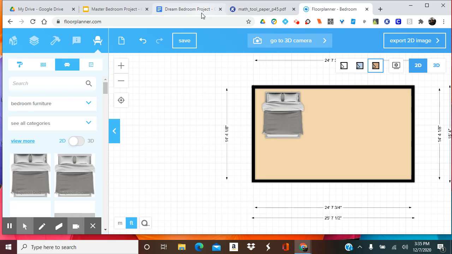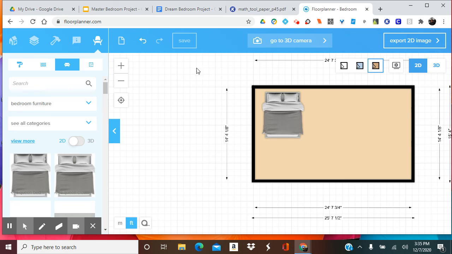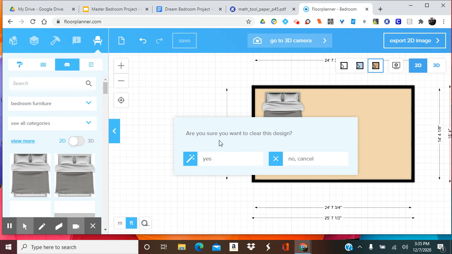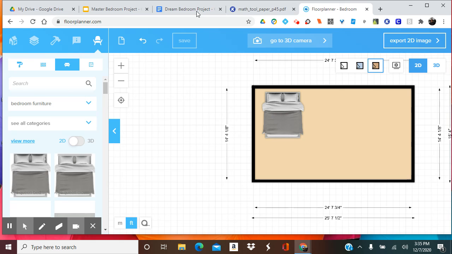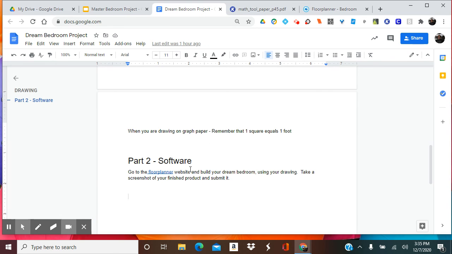I want a picture of that, and that can be placed here. You can also, I believe, save this document and export it to Google Classroom. But it'd probably be easier if you just take a picture of it and put it here. So that's the assignment. I'm going to give it a try.